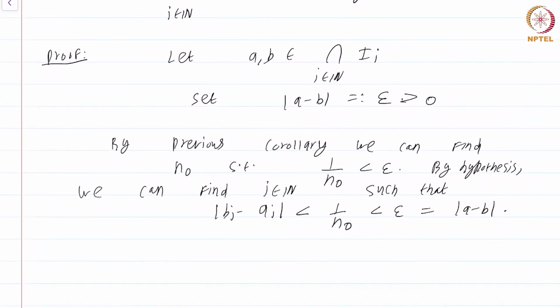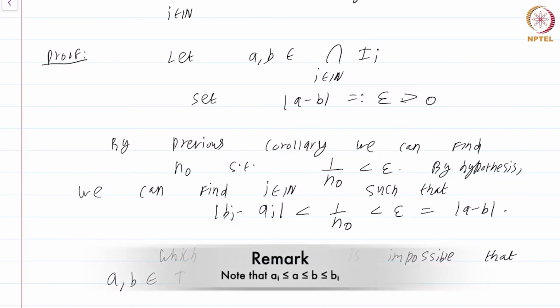So the length of the interval [a_n, b_n] is less than mod a minus b, which means it is impossible that a comma b is present in I_n.